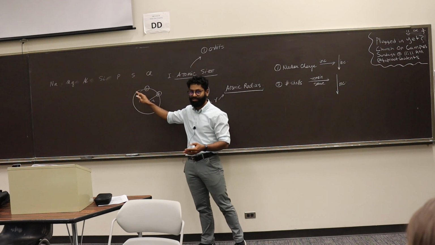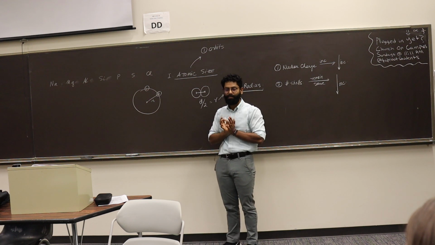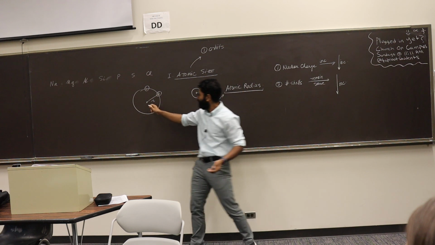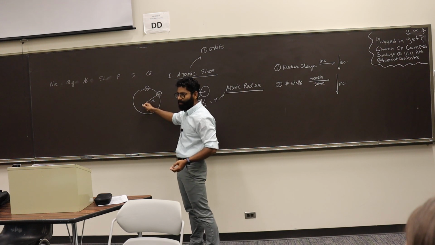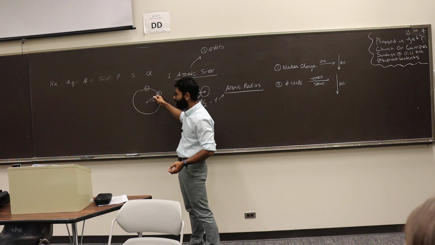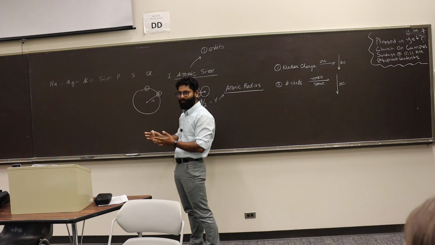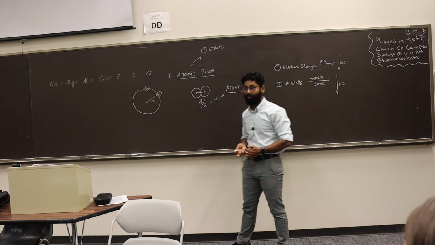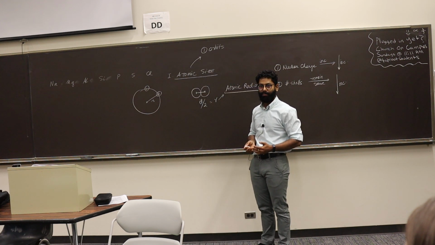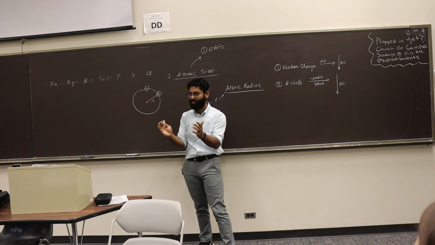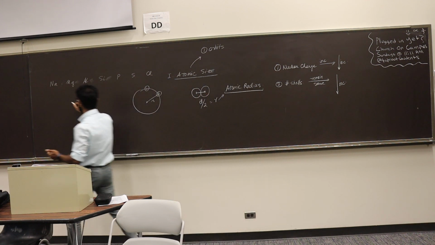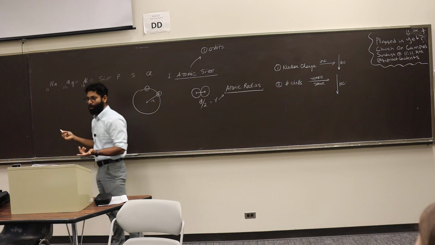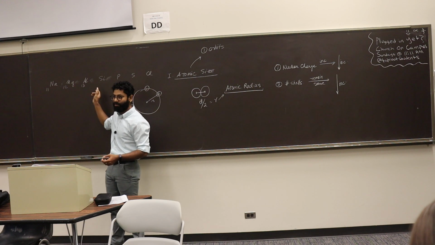If the number of shells remains the same in that period, is this getting pulled in, pulled out, or no effect as you're filling in the electrons? What's happening? Because the shell is constant, right? So if you just take an example of something like this, what's the number of shells in all these three?